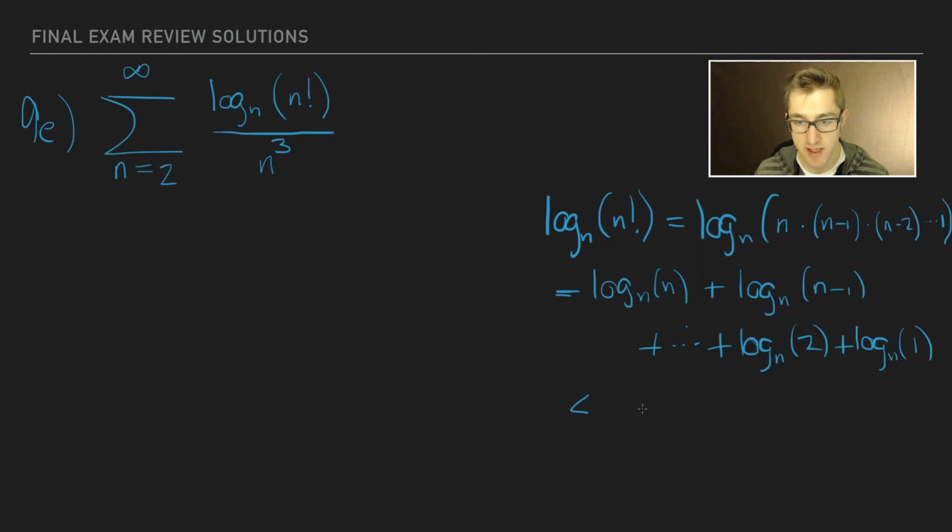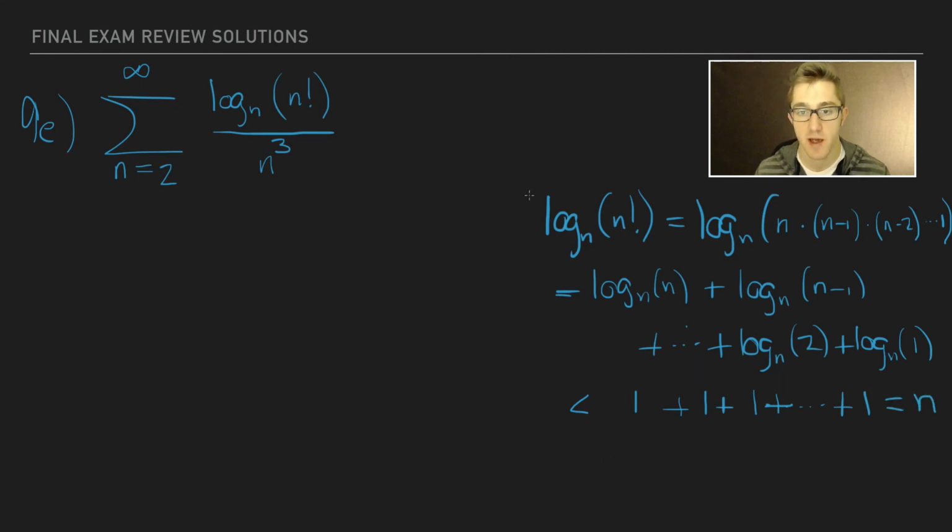So the entire thing is less than 1 plus 1 plus, there should be a 1 here. So this term is equal to 1. All the rest are less than or equal to 1, and I have n terms, so this is equal to n.